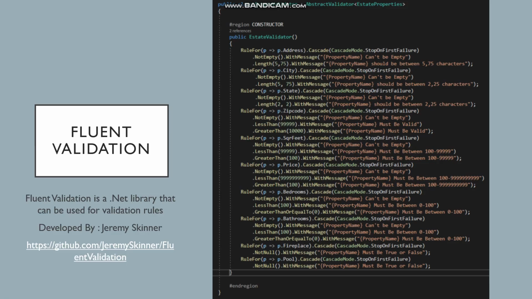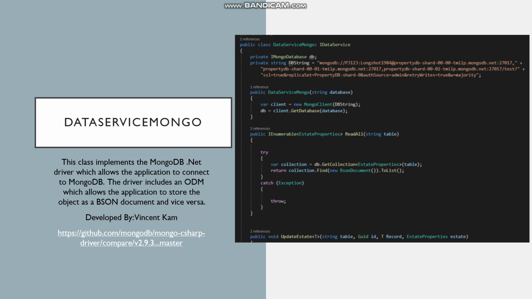There are a couple unique and interesting coding elements to this application. First is Fluent Validation. Fluent Validation is a .NET library that is obviously used for validation. It was developed by Jeremy Skinner. Next, the application's persistence uses MongoDB and BSON documents as the document type.